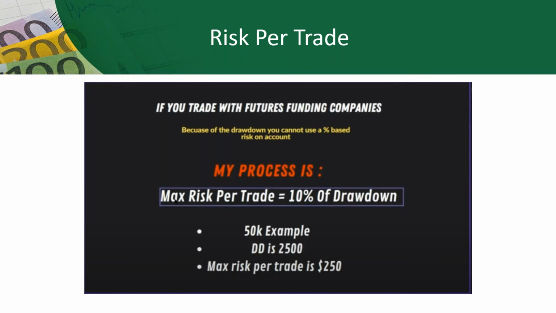If you think that you sign up for a $50,000 account and you're trading a $50,000 account, that's totally wrong. The way I look at it is I'm trading my drawdown. I have a $2,500 drawdown, and I'm trading that. So my process is I don't risk any more than 10% of my drawdown on any one trade, which is $250.